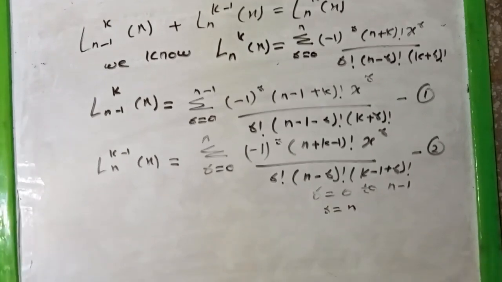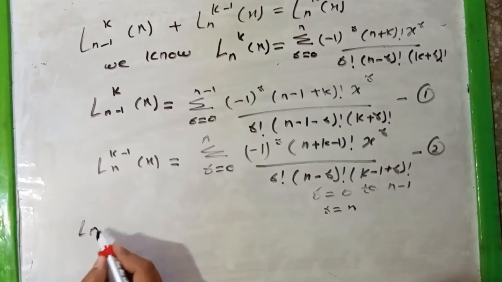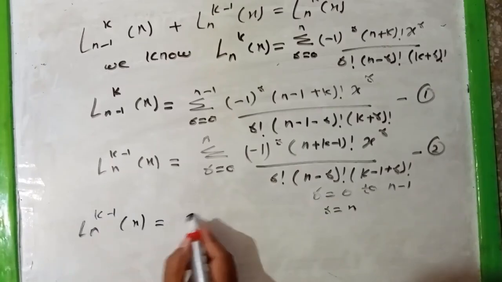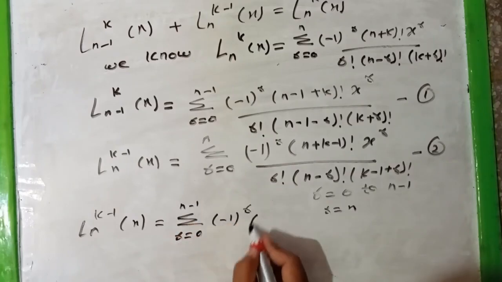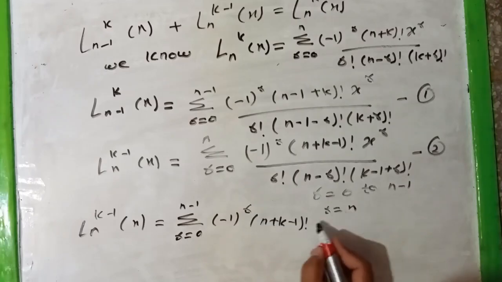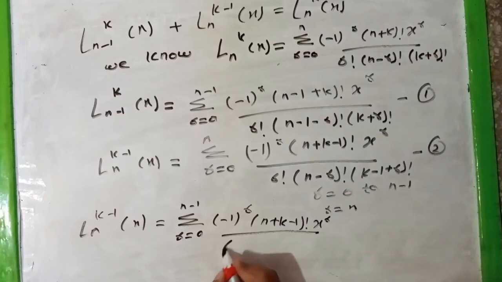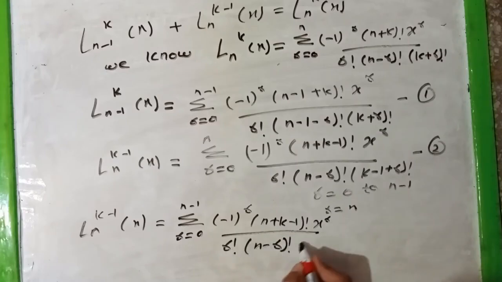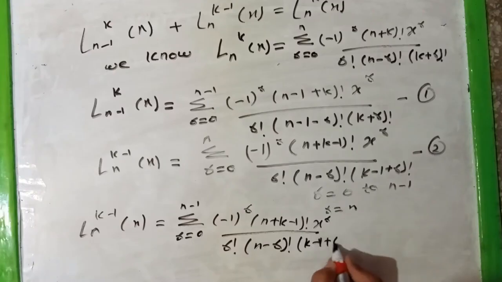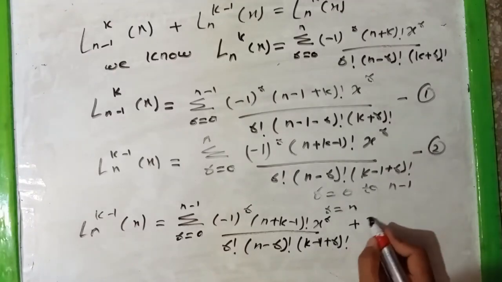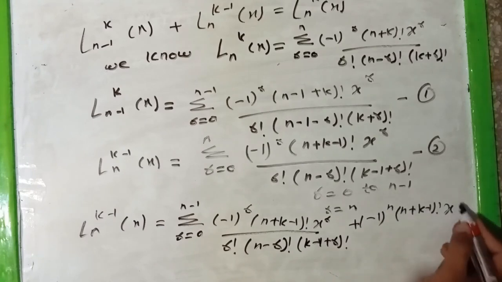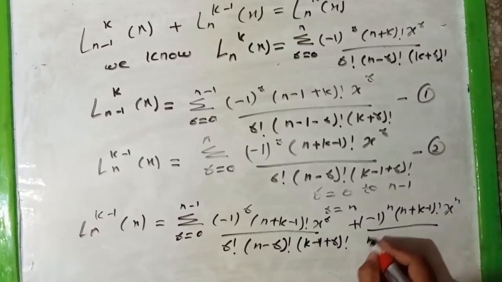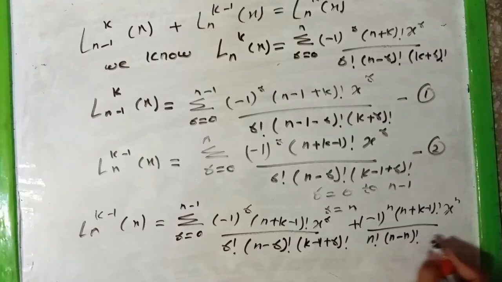So equation 2 becomes L_{n}^{k-1}(x) is equal to summation r is equal to 0 to n minus 1 of (-1)^r (n+k-1)! x^r over r! (n-r)! (k-1+r)!, plus (-1)^n (n+k-1)! x^n over n! (n-n)! (k+n-1)!.